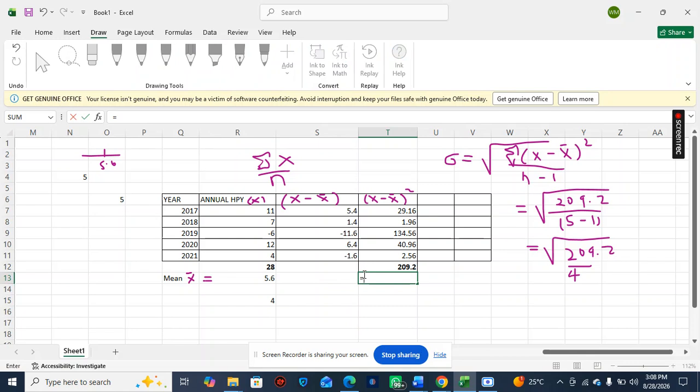No, we're already squaring each of these.